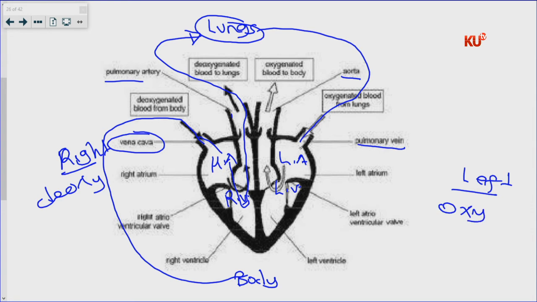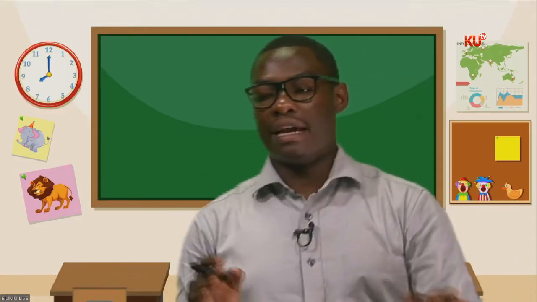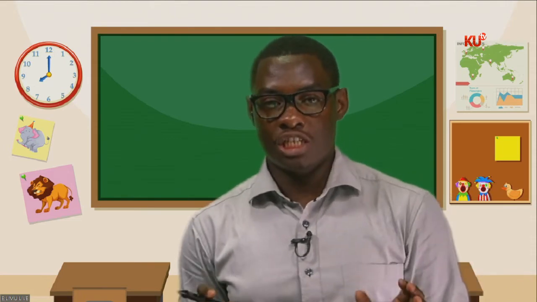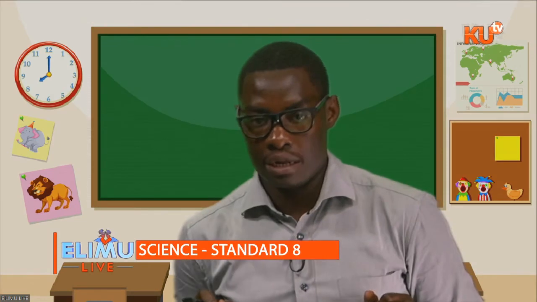So blood from the lungs enters the heart through the pulmonary vein to the left auricle, then to the left ventricle, and leaves the heart back to the body through the aorta. It gets back to the body, and the circle continues and continues. Now in the heart, the main vein is called the vena cava, while the main artery is called aorta.